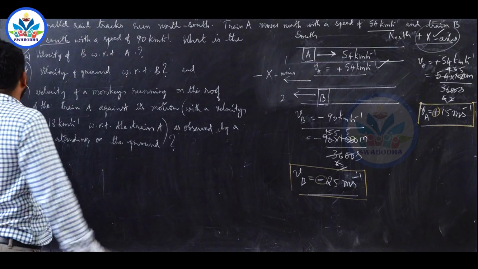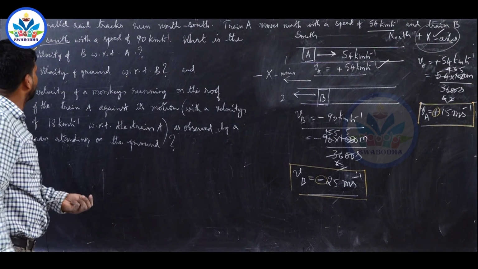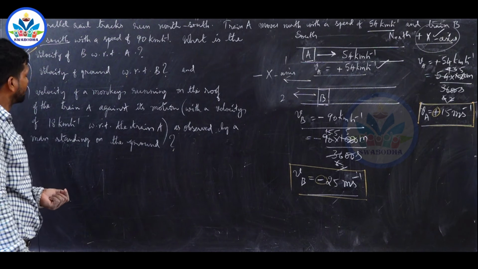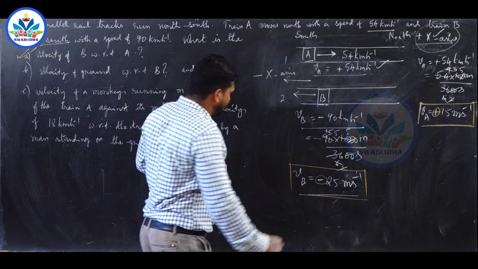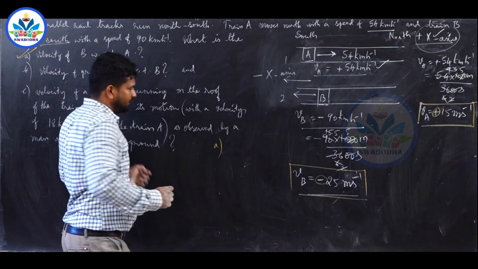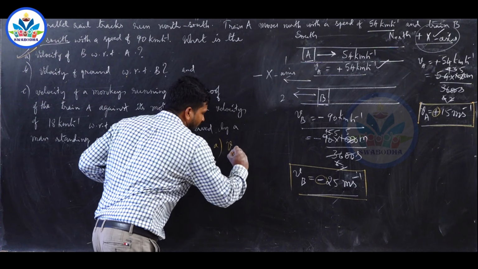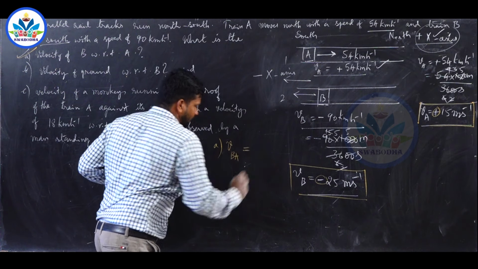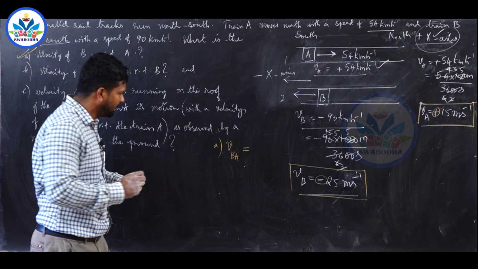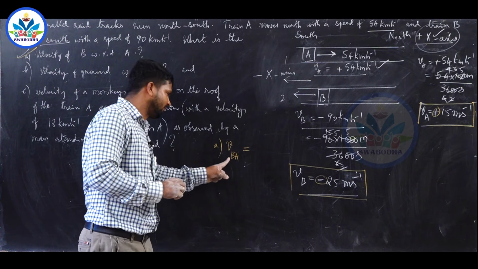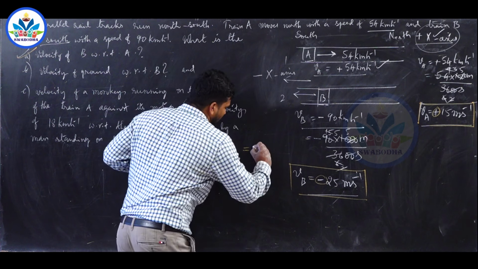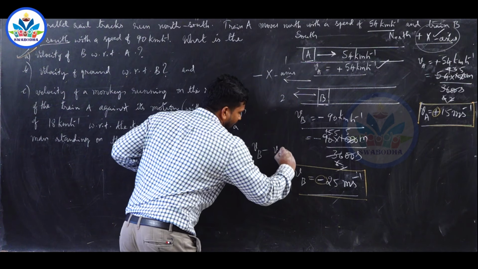Fine. Now let us calculate the first one, the velocity of B with respect to A. The relative velocity of B with respect to A, or velocity of B relative to A, will be, by the formula, VB minus VA.